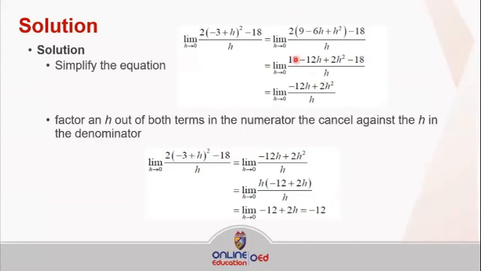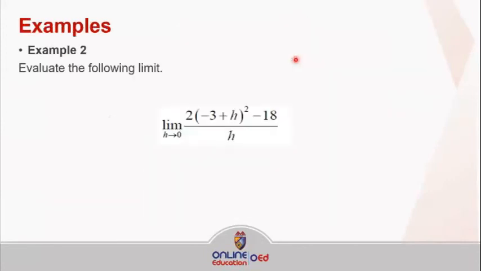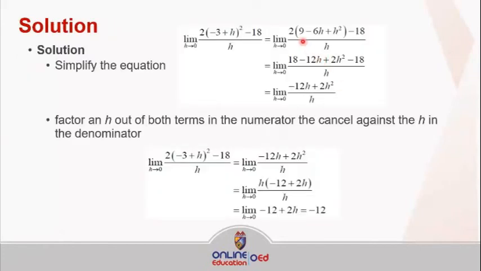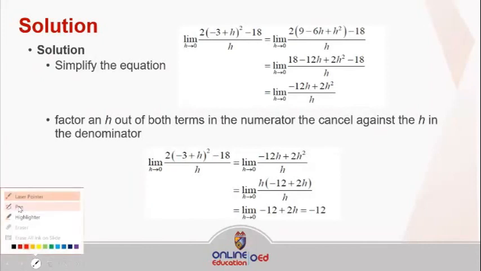For dito, pwede natin siyang, ano ulit yung value natin kanina, babalikan natin. Itong part na to, yung negative 3 plus h squared, pwede natin siyang i-expand. Kaya natin nakuha itong value na to. Okay. So, we can use yung algebraic expression.